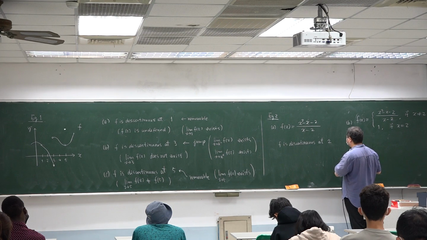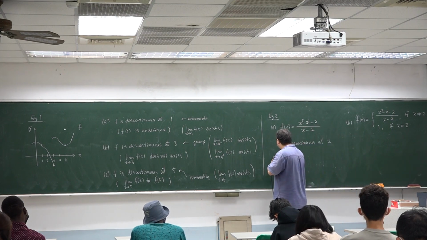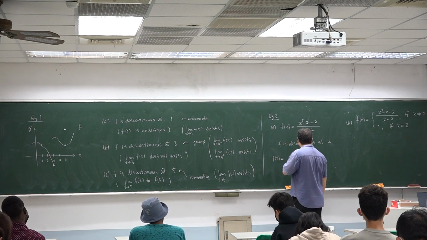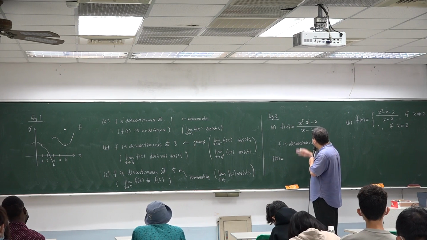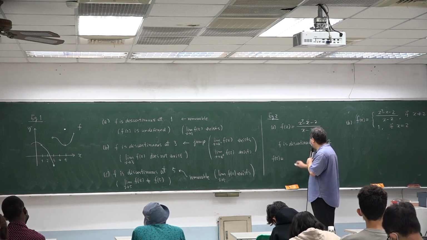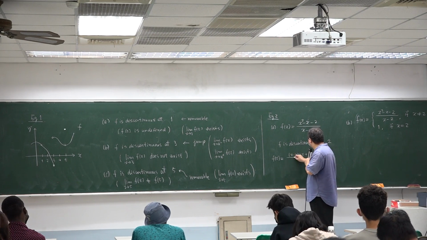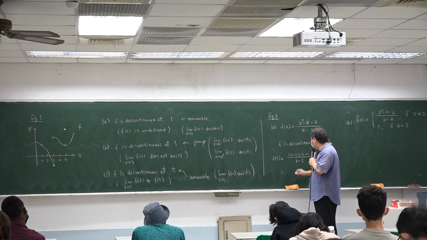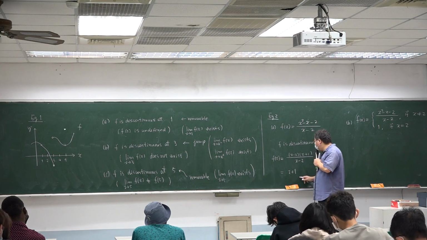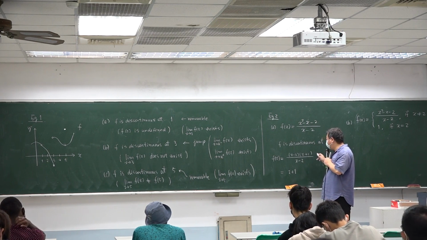Okay, for this function, in fact, we can simplify it. When x equals 2, 4 minus 2 minus 2 is 0. Then the numerator has a factor x minus 2. And this is not equal to x plus 1, because this function is defined at the number 2, but that function is undefined. It's not defined at 2.